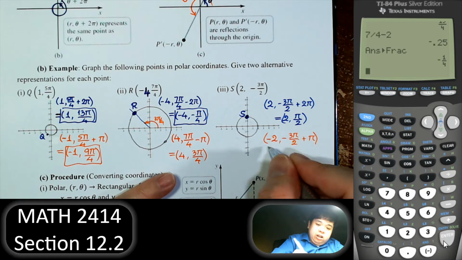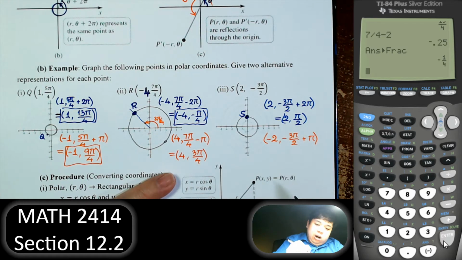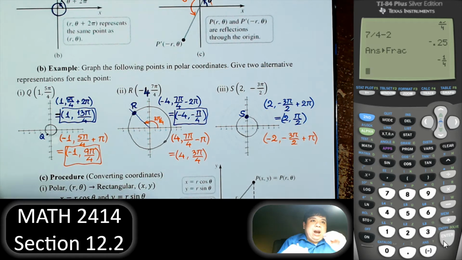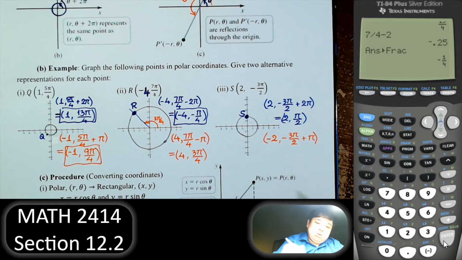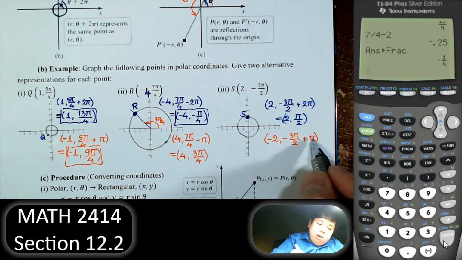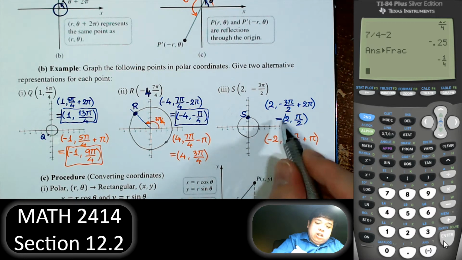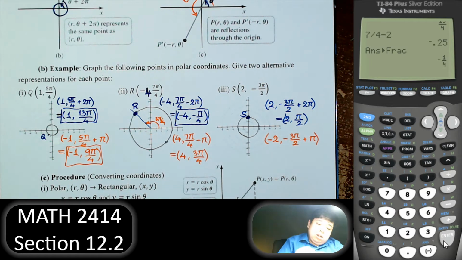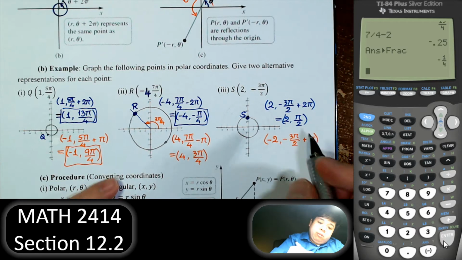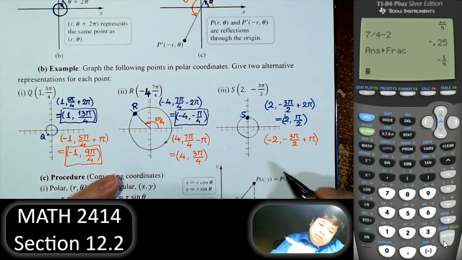So add a pi, change the sign, or add 2 pi, we don't change the sign. Or we add the pi, we change the sign, add the pi again, we change the sign again. So a multiple of 2 pi, the sign will stay the same. Just add an odd number of pi, we will change the sign.